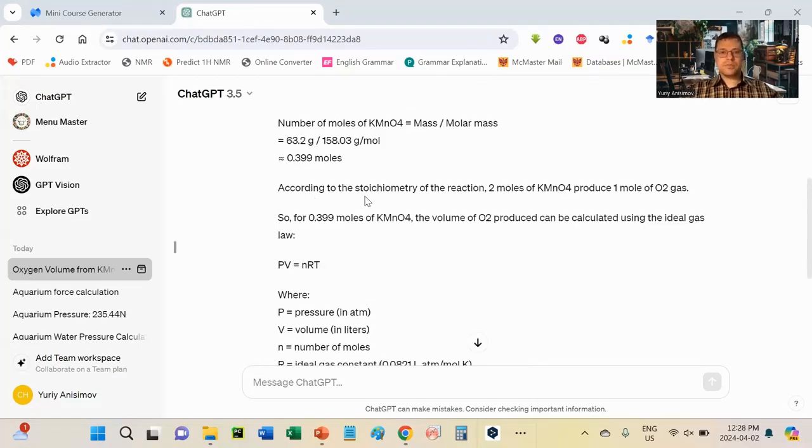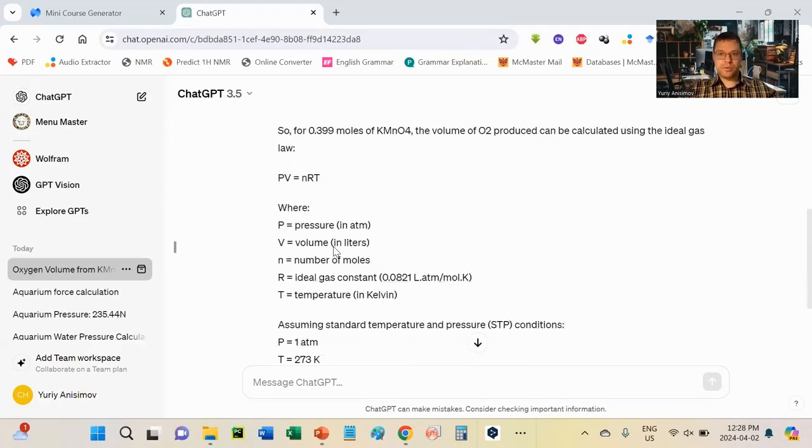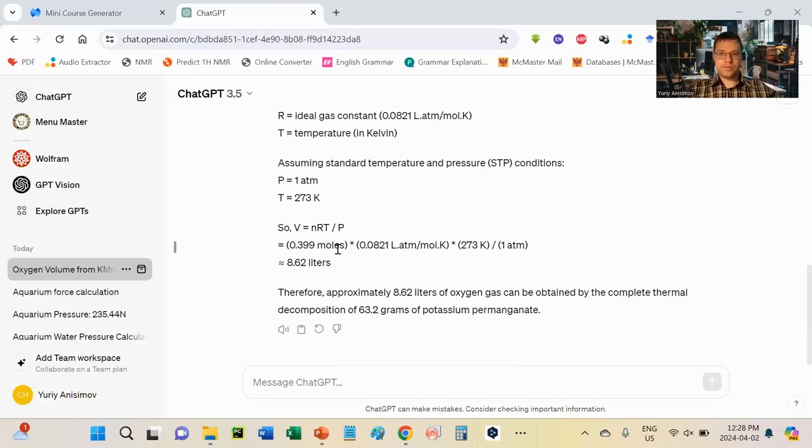Now it talks about stoichiometry: 2 moles of KMnO4 produce 1 mole of O2 gas. That's correct. But wait, 0.4 moles, and here it also takes 0.4 moles. That's wrong. GPT 3.5 talked about stoichiometry, but it didn't use it correctly.